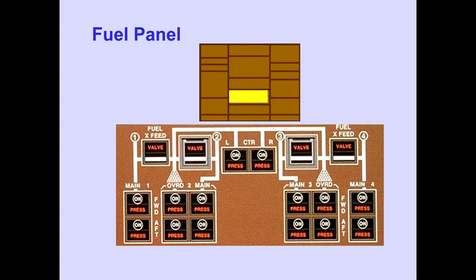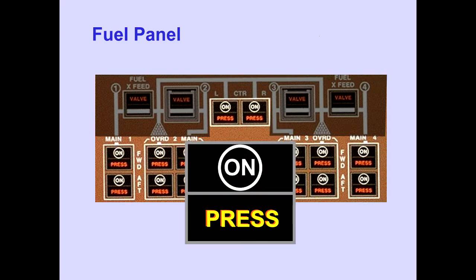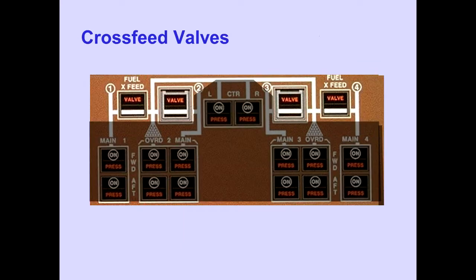The fuel panel is located on the overhead panel. The fuel panel is laid out schematically. Fuel pumps are represented by their respective switches arranged by tank location. Each pump switch has a low-pressure light. Crossfeed valves are represented by their respective switches.